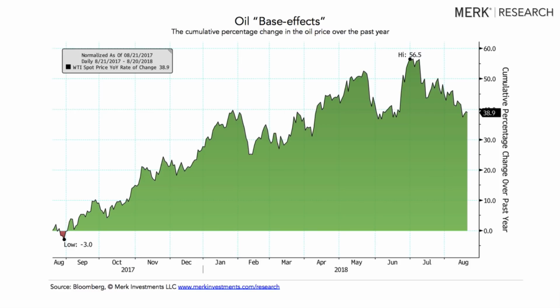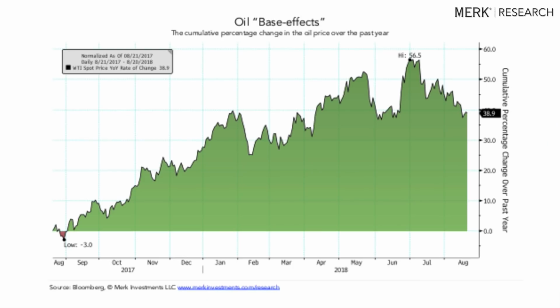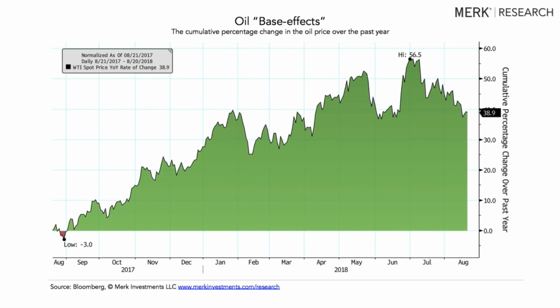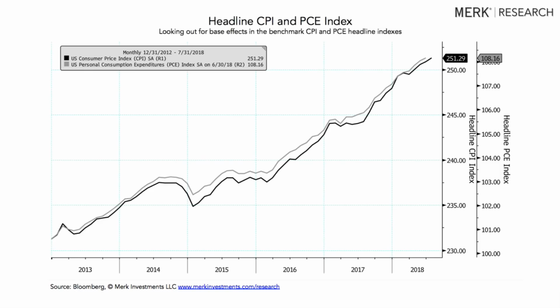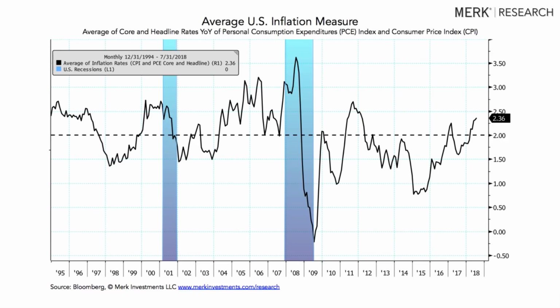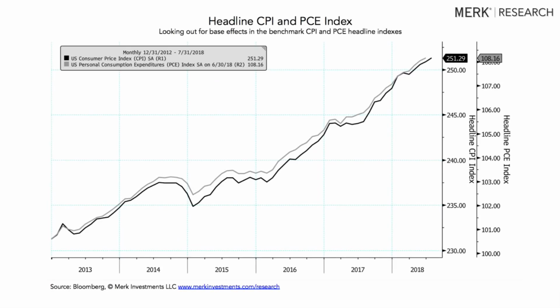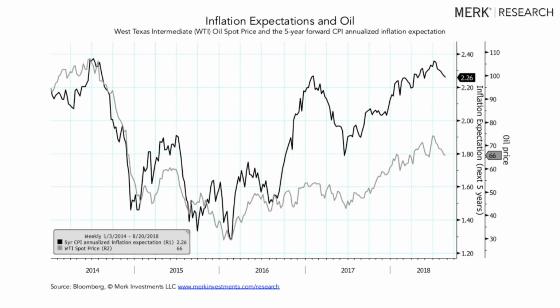I think both the index chart and the cumulative percentage change over the past year for oil are worth monitoring, because these base effects can be short-lived and you'll see them dissipate, and you don't want to be wrongly extrapolating this trend out forever when you've got some funky base effects at work.